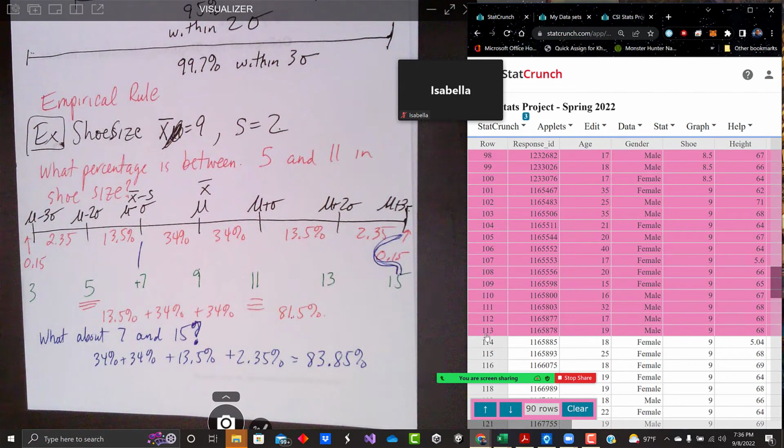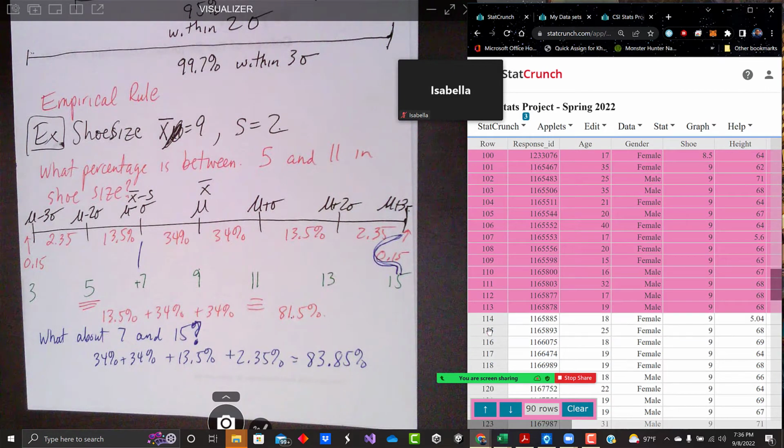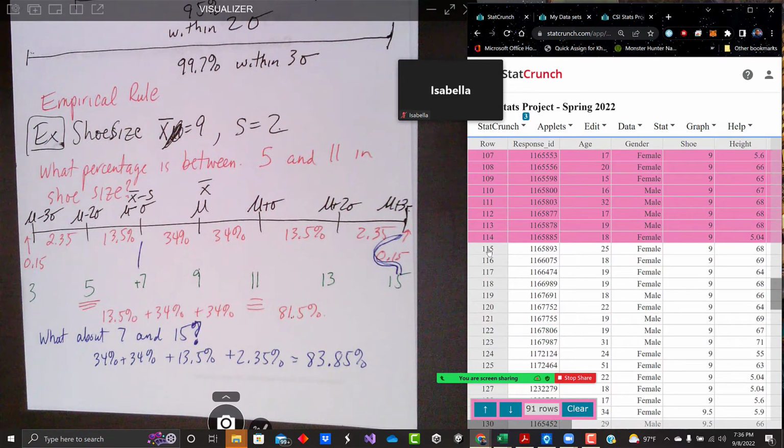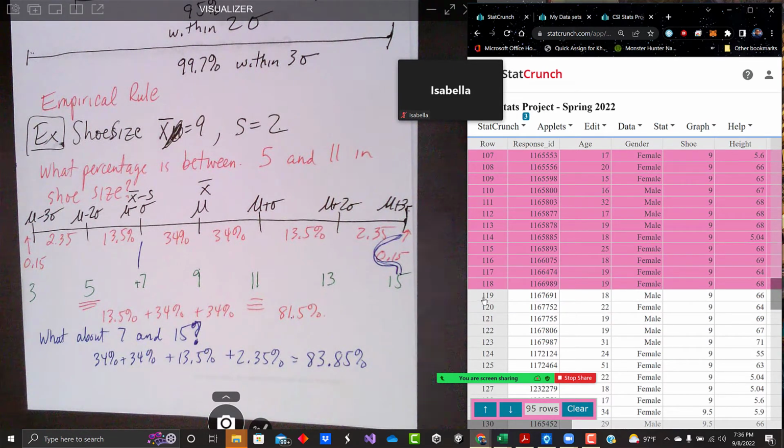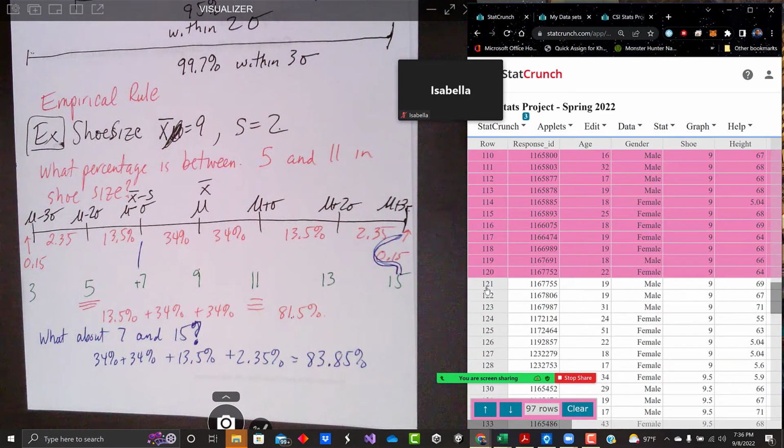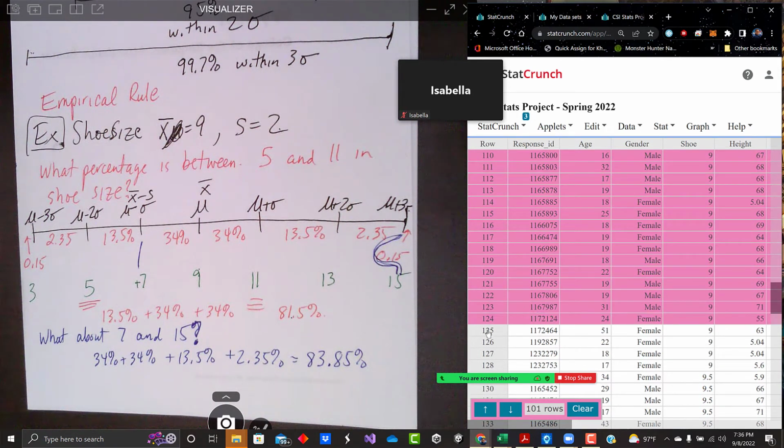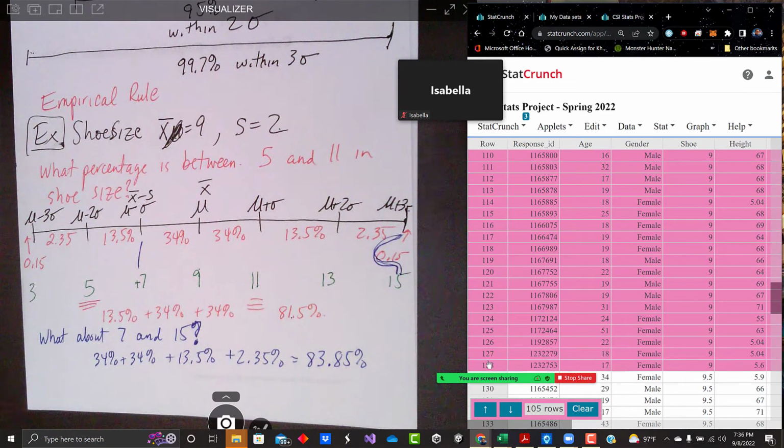Looking for all this. Let's do 7 to 9. I'm getting tired already. So we're going to go from 7 to 9. That might not work.